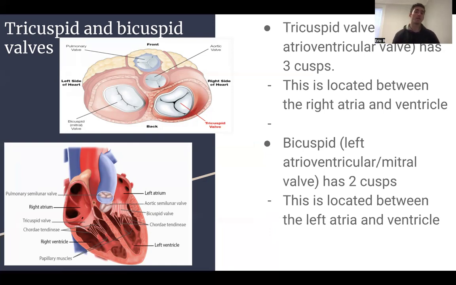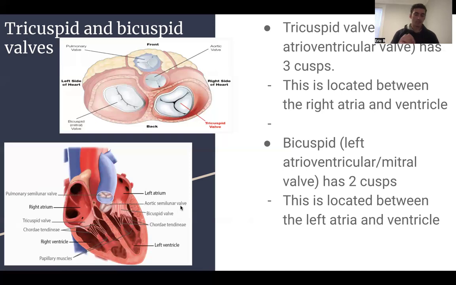As we can see, the tricuspid valve is what we call the right atrioventricular valve. It has three cusps, or three leaflets. You may see it in a couple of different ways. It is typically located between the right atria and the right ventricle, very similar to the last picture, where we had the tricuspid valve between the right atria and right ventricle.